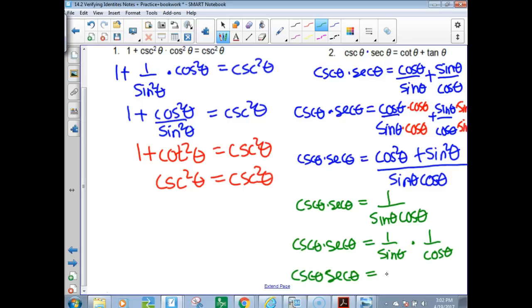And if this doesn't look at all familiar, as far as recognizing this as the cosecant, not the secant, you got some memorizing to do. So that's how you would end that one.